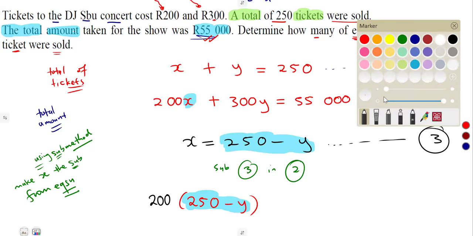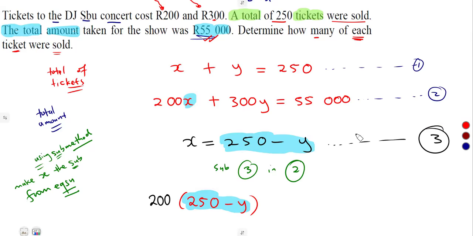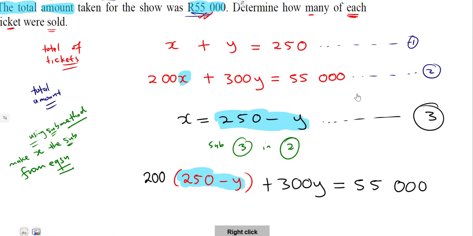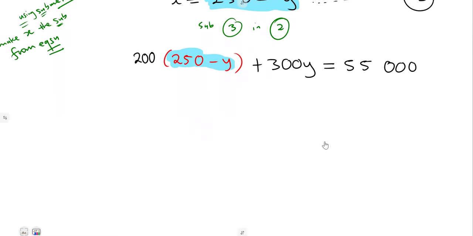The rest remains as it is, plus 300Y is equal to 55,000. Just like that. With this equation, we can see that we have only Y as the unknown. Solve for Y. How can we solve for Y? There are brackets, so expand and distribute.